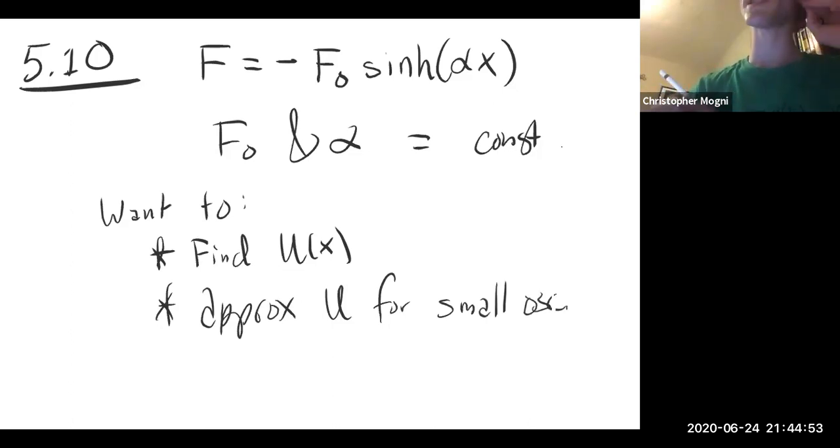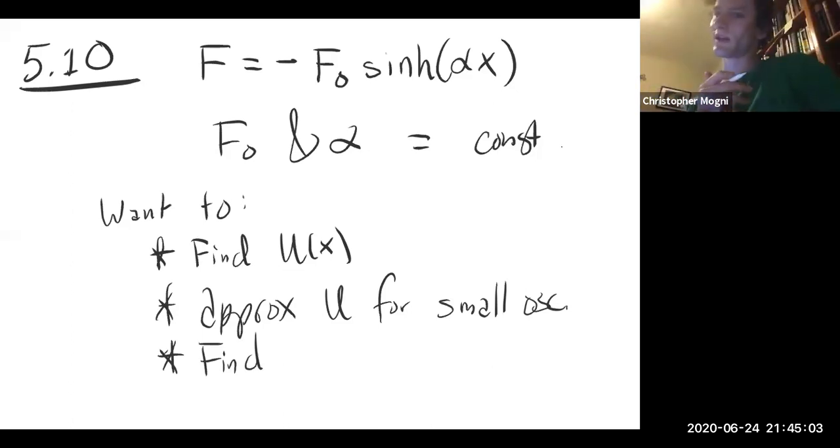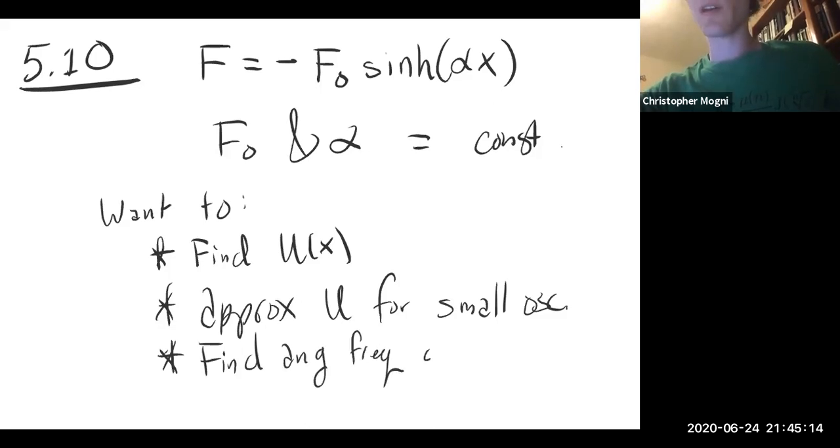And what we mean by this is for small values of x. And then after doing that approximation, what we should find, and they don't say this in the statement of the problem, is you should find a harmonic oscillator type solution, and therefore we can find the angular frequency of oscillation, which is defined in the textbook.